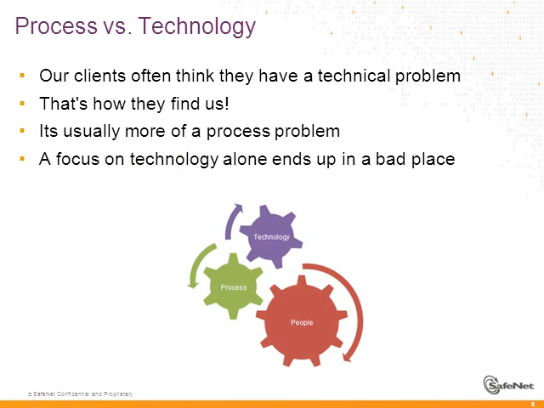But as we start working with these teams, what we find out, and what these teams find out about themselves, is they usually have more of a process problem than they do a technical problem. That's largely because a technical problem is oftentimes pretty easy to solve, and you end up popping your head up and realizing that you've got more of an integration problem, a business integration problem.